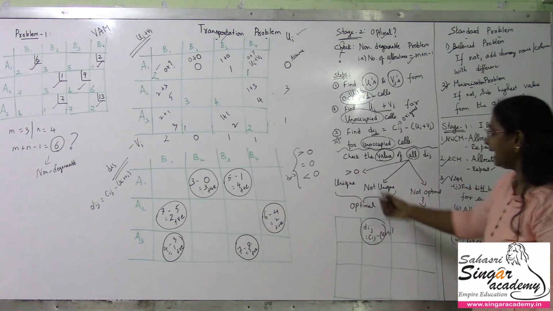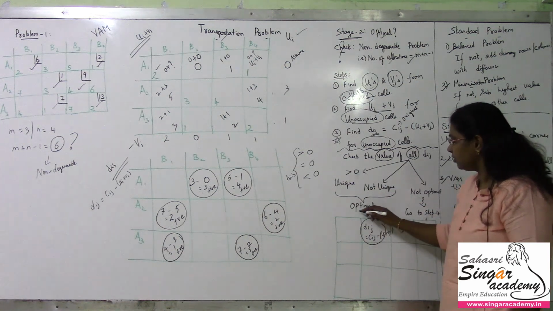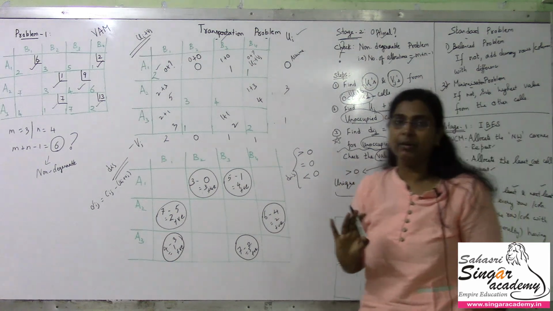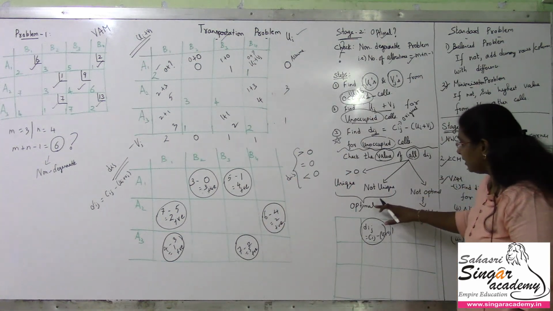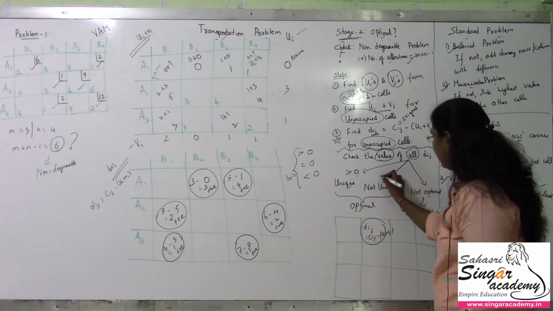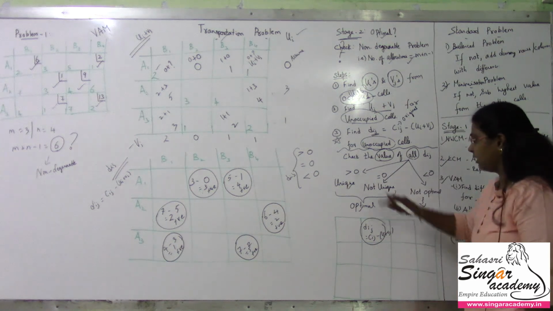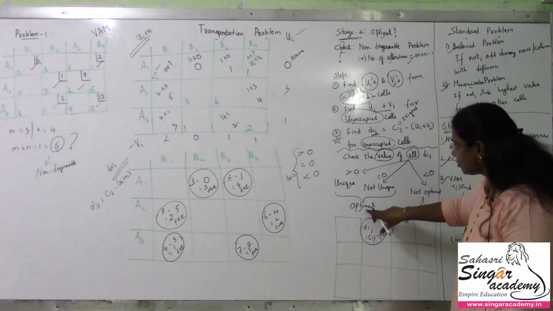So greater than 0 means the solution is optimal and unique, which means that this is the only solution available with respect to optimality. Okay, this is equal to 0, this is less than 0, you can make a note. If all the dij's are greater than 0, the solution is optimal and unique.